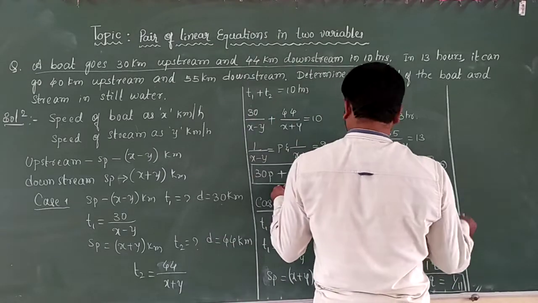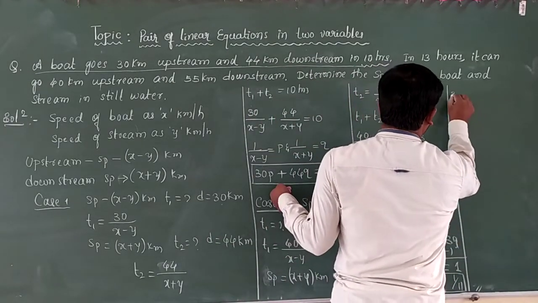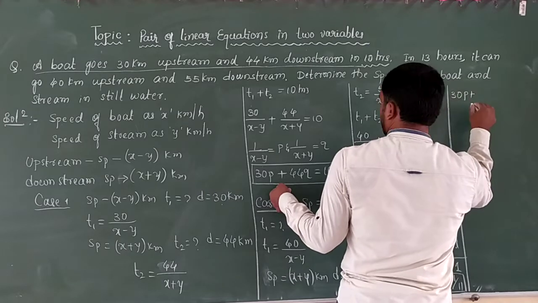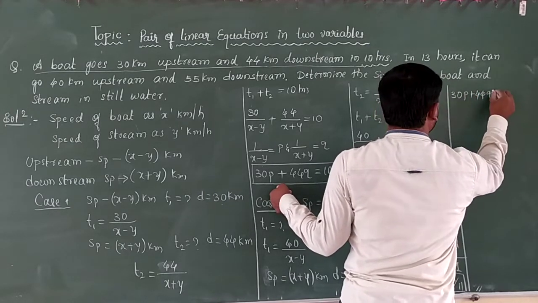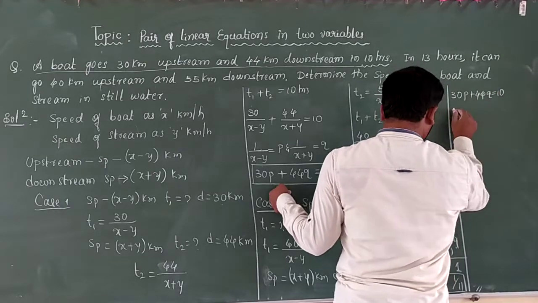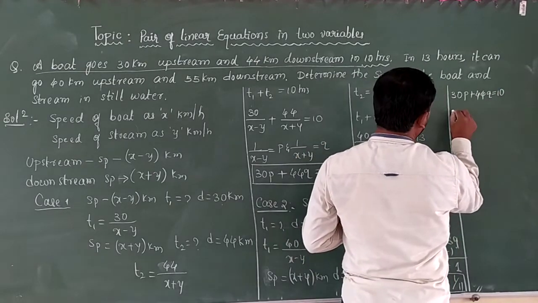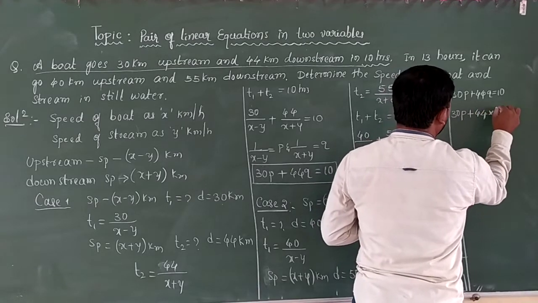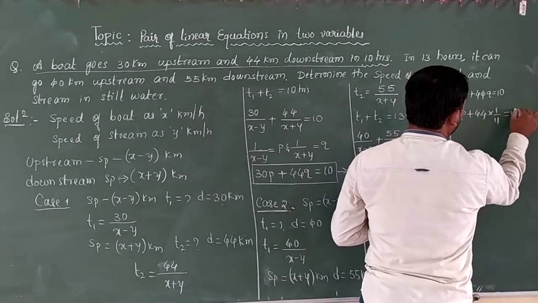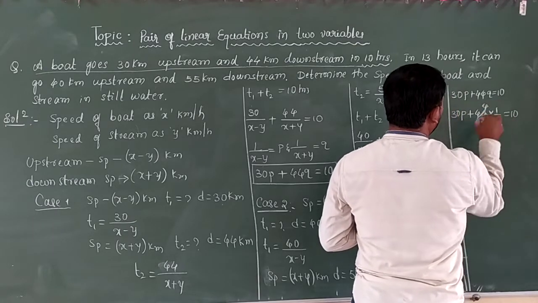Let us substitute this in the first equation, that is 30p plus 44q is equal to 10. So the value of q is 1 by 11. 30p plus 44 into 1 by 11 is equal to 10. 11 4s are 44.